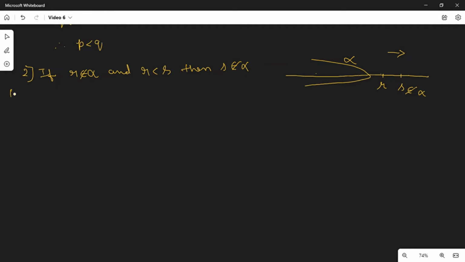So we shall prove it logically. Suppose our S belongs to alpha. What is the second property? It says that since R is less than S and S belongs to alpha, R must belong to alpha.